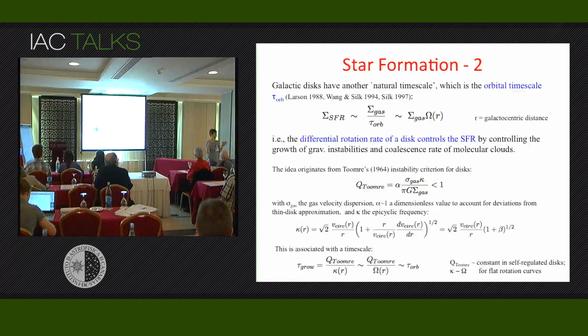And I actually forgot to draw your attention in the previous slide. If you look at this expression for the epicyclic frequency, this parameter beta is simply R over the circular velocity, the derivative of the circular velocity relative to the galactocentric distance.